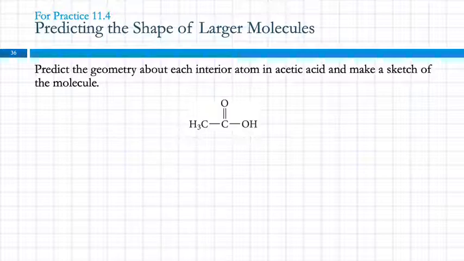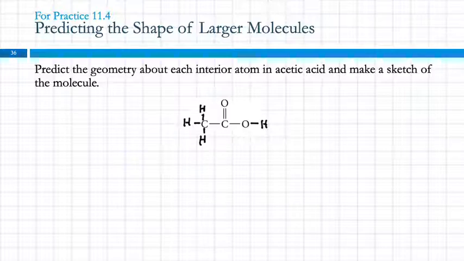Well, we need a little more detail, and instead of redrawing the whole thing, I'm just going to expand on this a little bit. So this has 3 hydrogens attached to it. And this has a hydrogen attached to it. Just spreading it out a little bit so I can do the Lewis structure right on top of it.